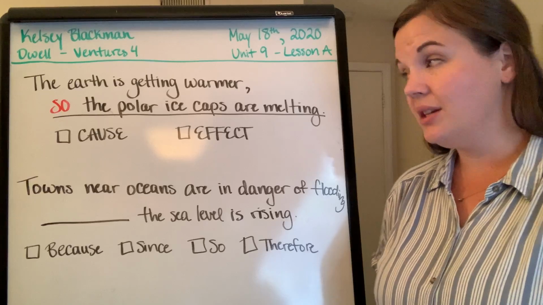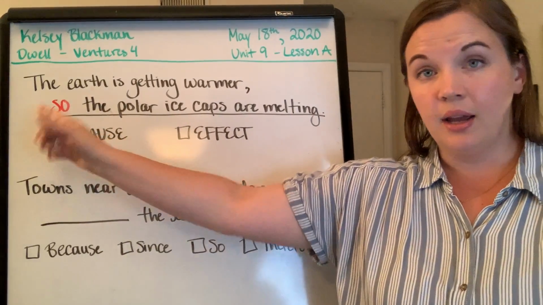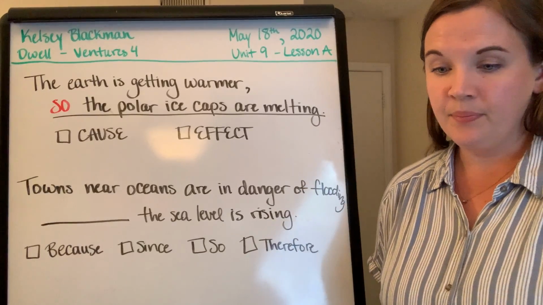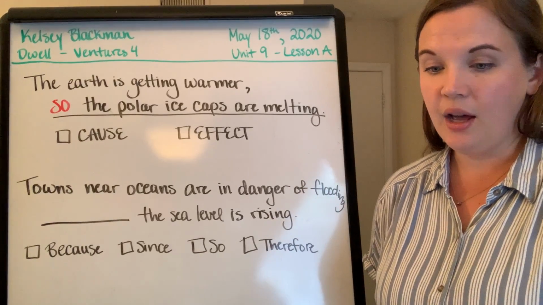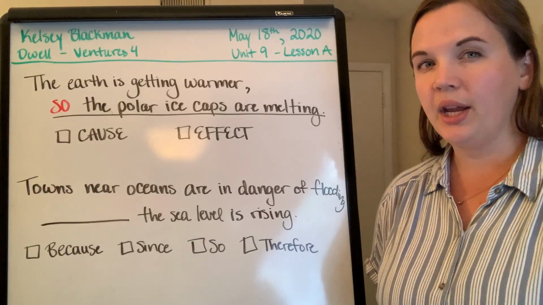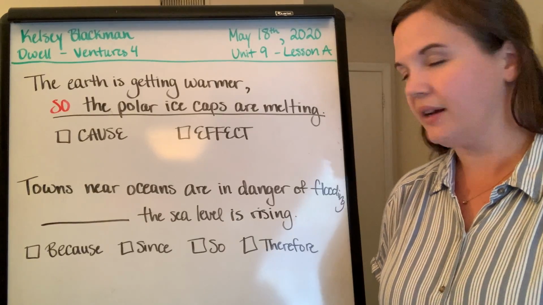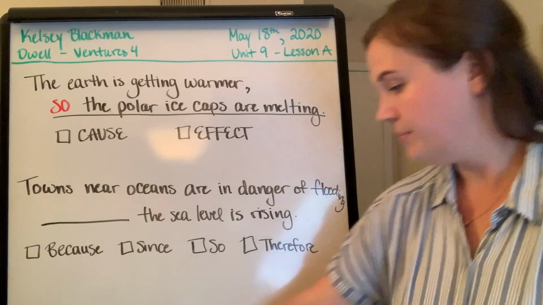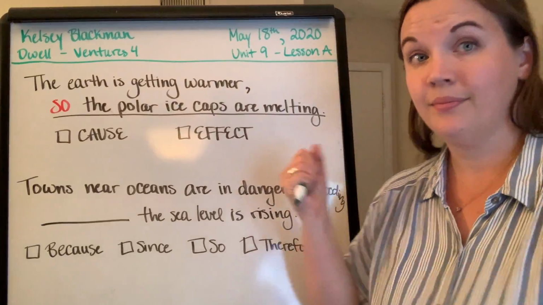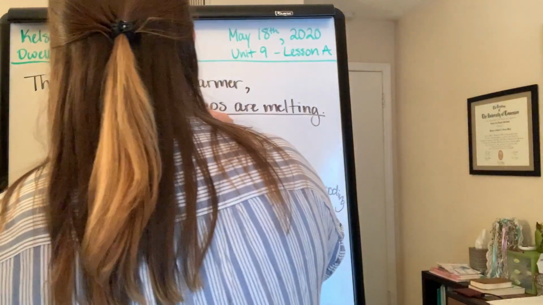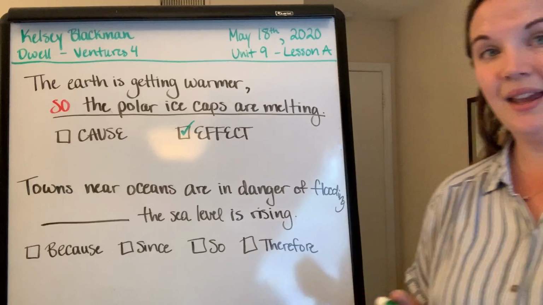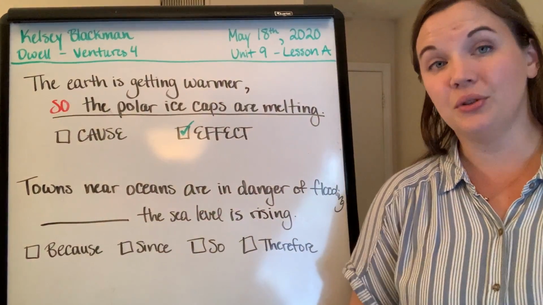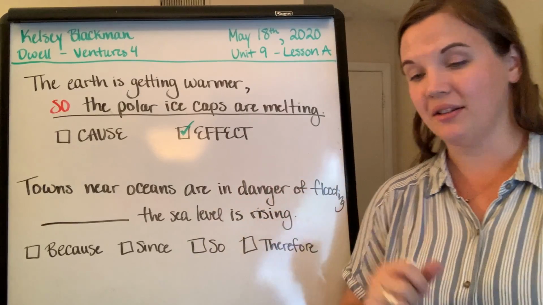Now pay attention to the connector and pay attention to the underlined portion of this sentence. Is the underlined clause showing us cause or effect? Effect. So introduces the effect clause.